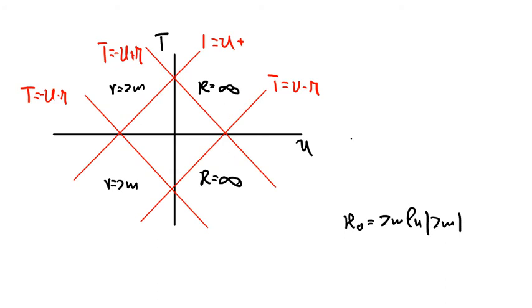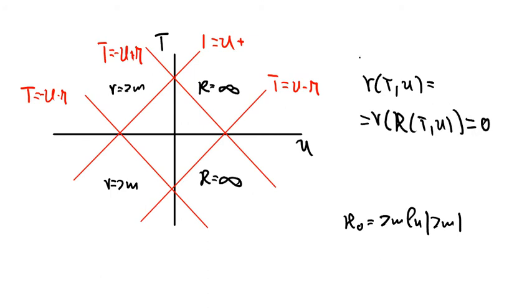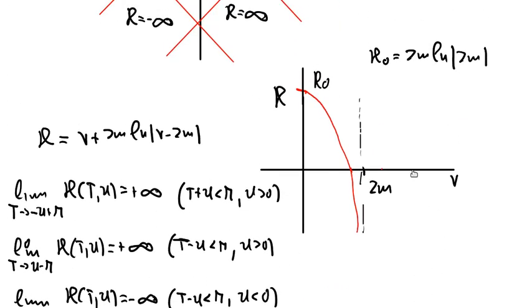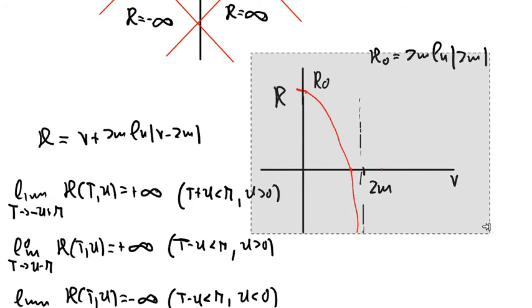And now we have to study the zero set of the function R, which is the composition of small r with big R(T,U). Again, we have to look at this graph.